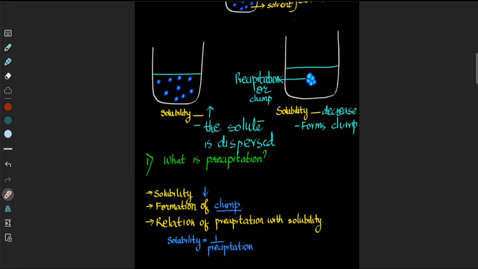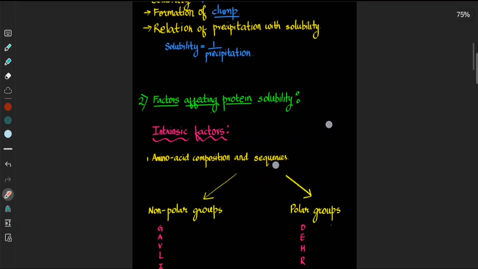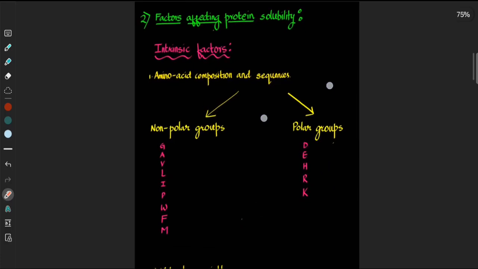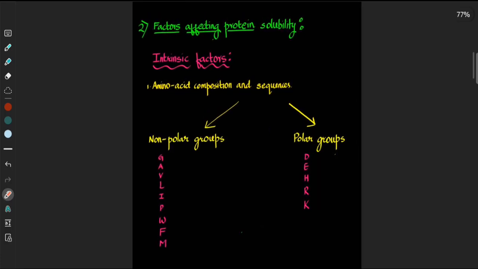That means they are inversely proportional to one another. Now, there are many factors which influence protein solubility. There are intrinsic factors and extrinsic factors. Intrinsic factors are the factors which do not include the other environmental factors.